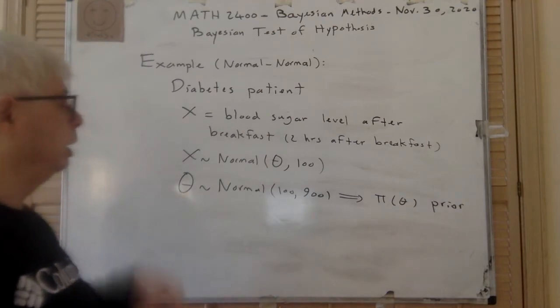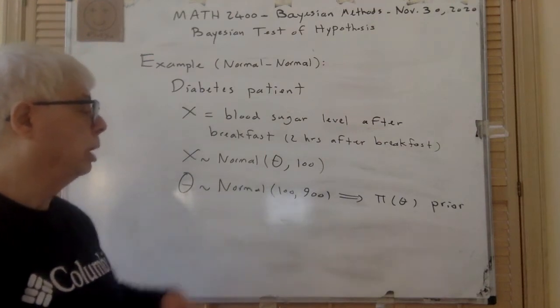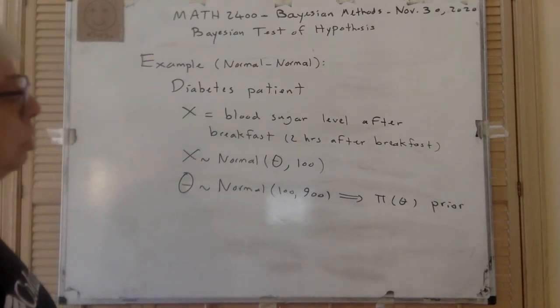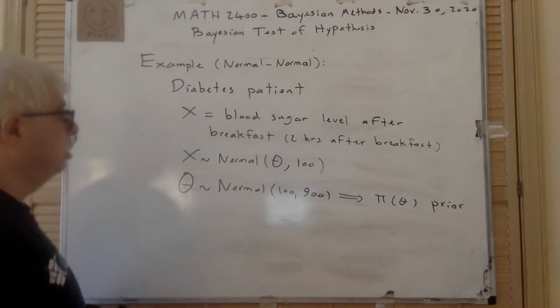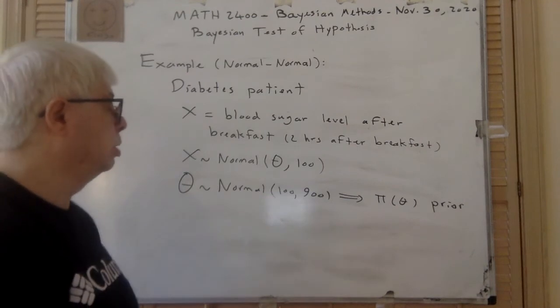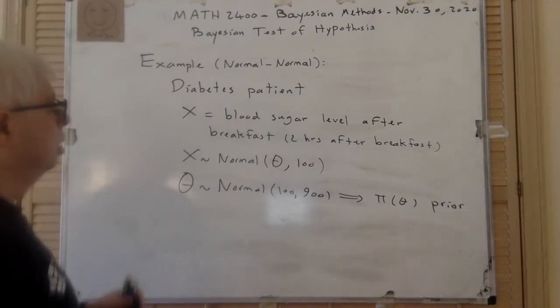But in this situation, we make an assumption on parameter theta. So that's our assumption or belief that theta has a normal distribution with its mu being 100, which is in fact this, right?